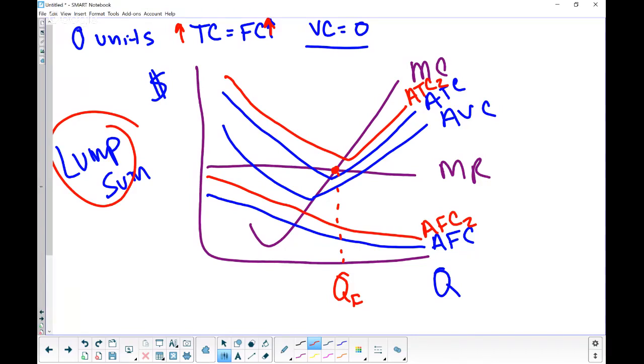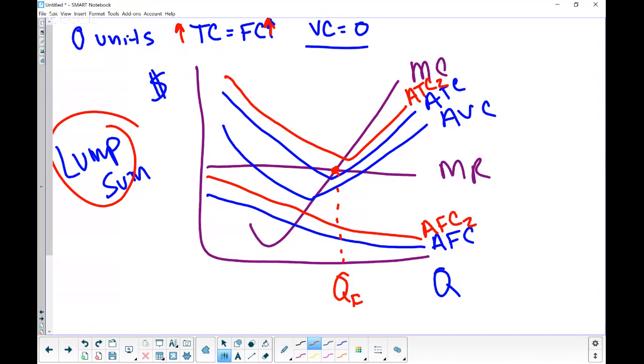So hopefully that makes sense with the lump sum, because all it's going to do is increase our fixed costs, and then it's going to increase our total cost. But our average variable cost we have not produced yet, so we're hanging out here. And our marginal cost, this isn't going to change our per unit costs. This is essentially just changing our end costs, which notice we did do what?